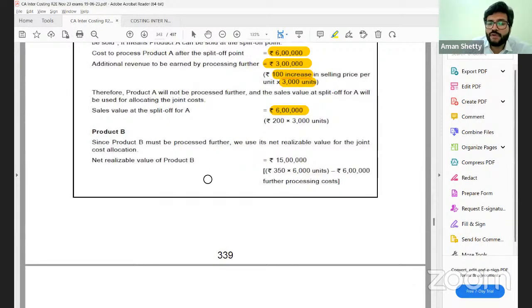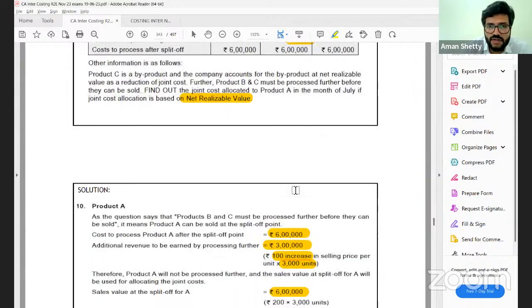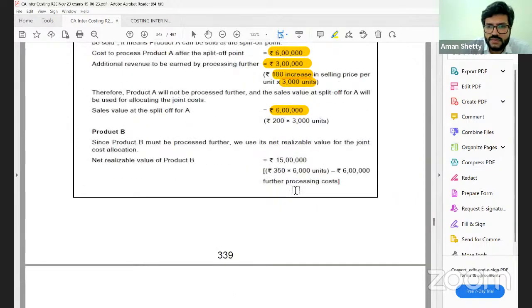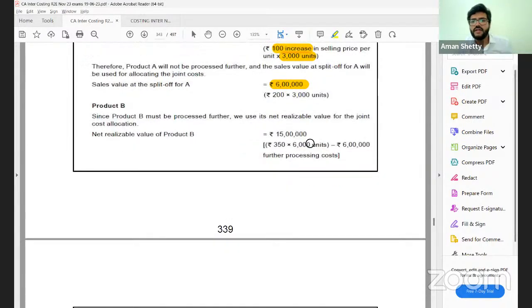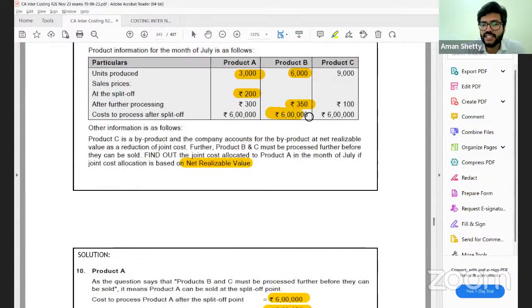Next. Since product B must be processed further, we use its net realizable value for the joint cost allocation. NRV of product B is how much? Here, check this. Product B, 350 is here, 6,000 is the sales value. And minus, so 350 into 6,000 minus 6 lakh further processing cost given here.